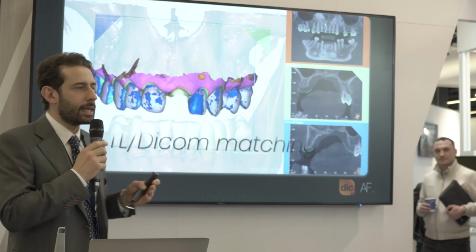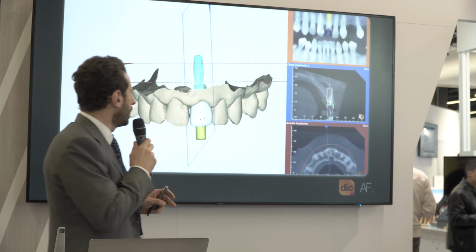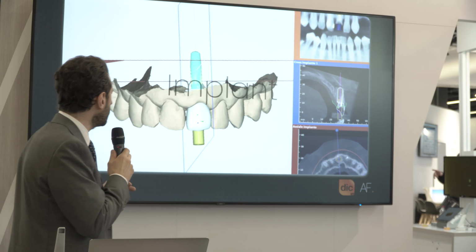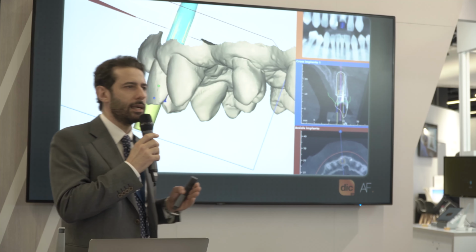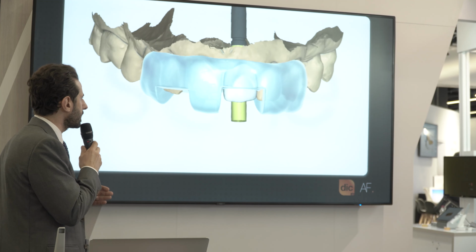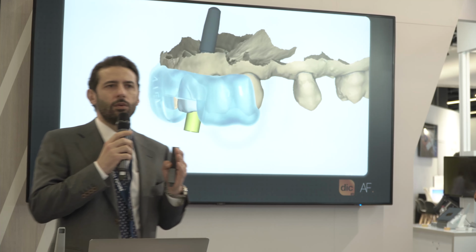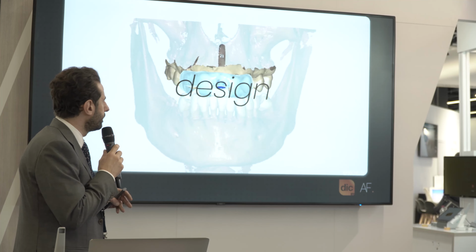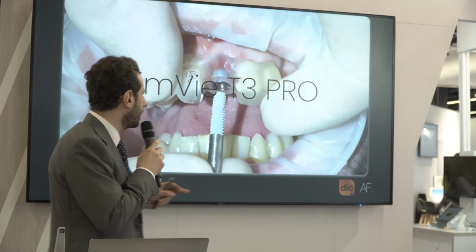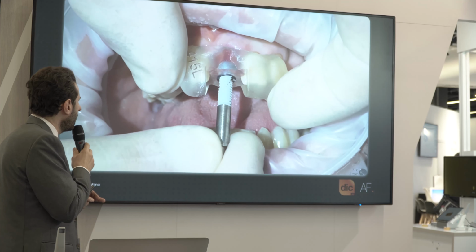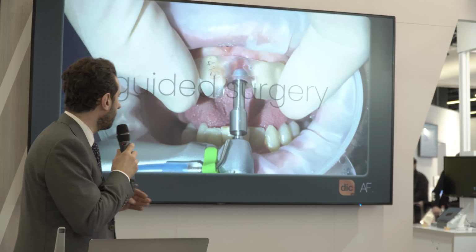When we do the scan, we have to know that if we want to go to guided surgery, for example, like this case, a simple case but in the aesthetic area, I often use this kind of protocol because I like to manufacture a very slim surgical guide, just to place my T3 Pro implant, which is a very self-stabilizing implant.